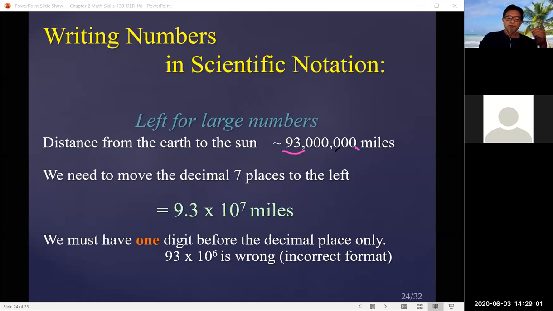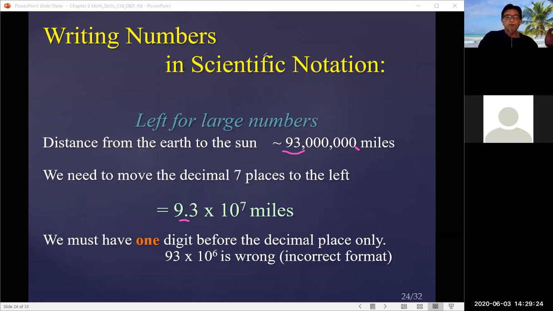Okay, so we move the decimal point from right to left until in front of the very first integer, all by itself, which is the 9, and so we put 9.3, and then we have times 10 to the 7th power. The 7th power tells us how many decimal places we moved.